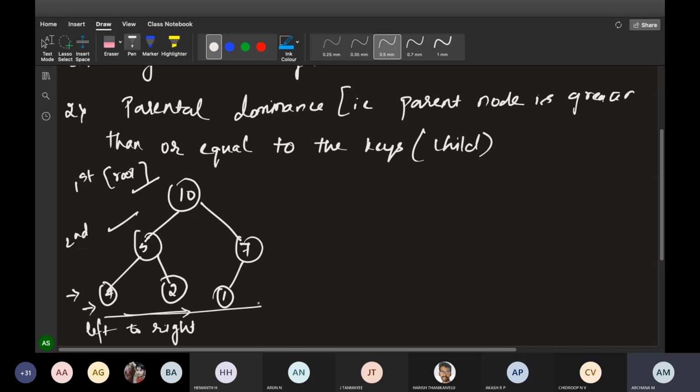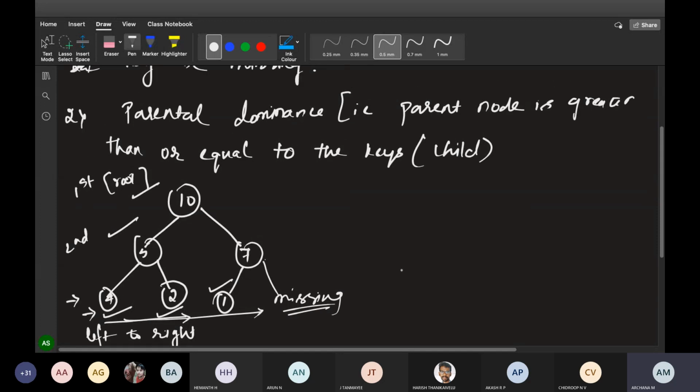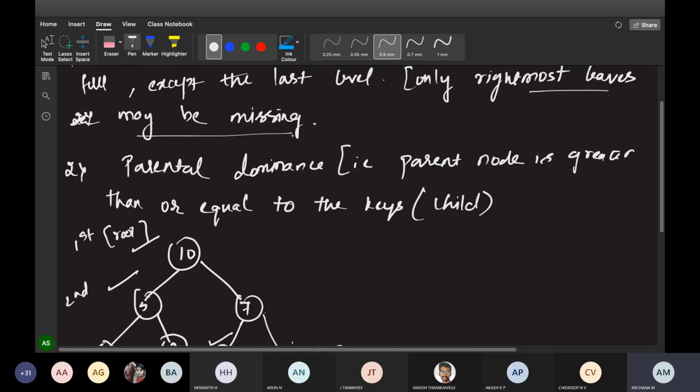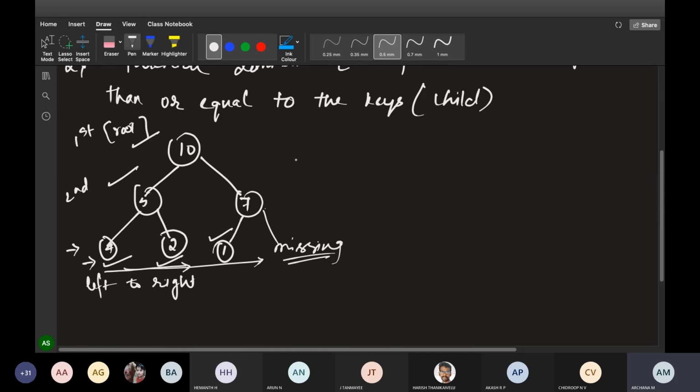We should always move in this direction. When you move in this direction, the left node is there, left is full, right is full, and here somewhere the right is missing. Here the leaf is not there. They have given a condition: only rightmost leaves may be missing. Even if you don't have a right node, that is also considered a heap tree.